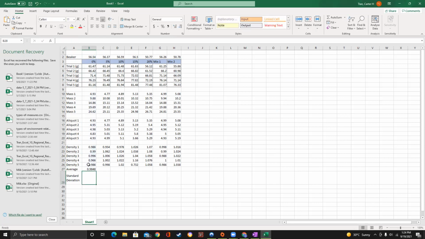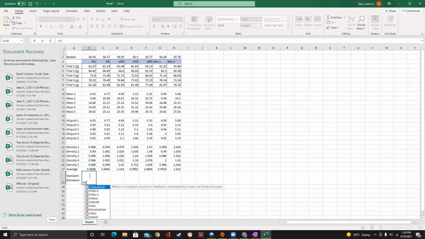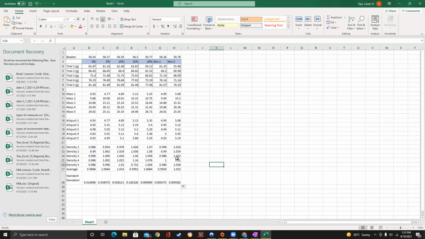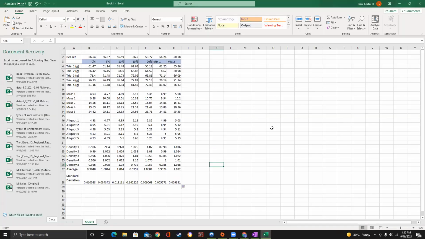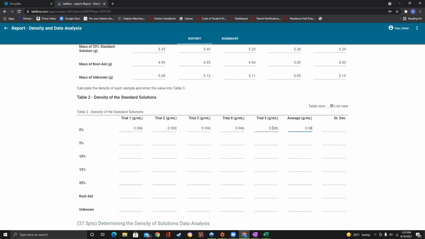Equals STDEV.S to B26. 0.985 standard deviation.